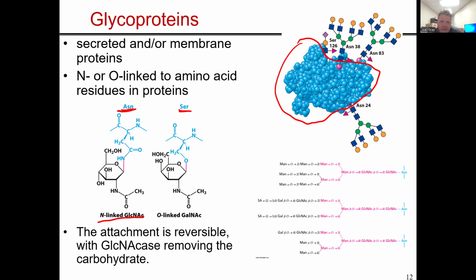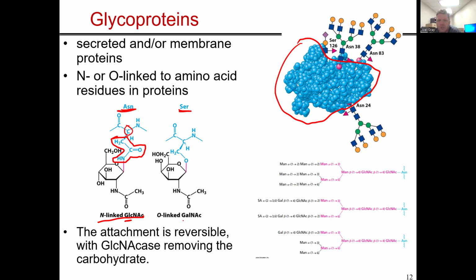So what that means is that on your asparagine side chain, here is our alpha carbon. Here is our R group for asparagine, which is CH2, C double bond O, and then NH. So there's my amino acid side chain. To that, we're going to add a modified form of glucose. That GLC indicates glucose.